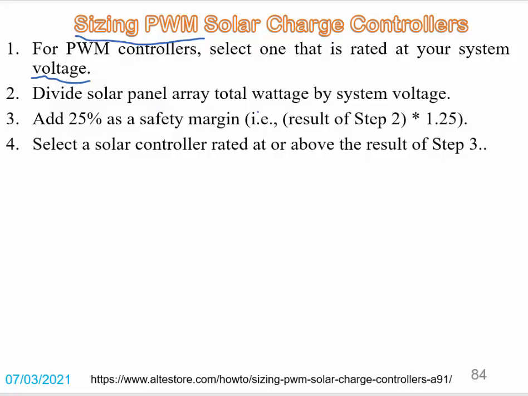Then divide the solar panel array total wattage by the system voltage; we are going to see in the next example how to size solar charger controllers. Add 25% as a safety margin, or multiply the result by 1.25. Select a solar controller rated at or above the result.